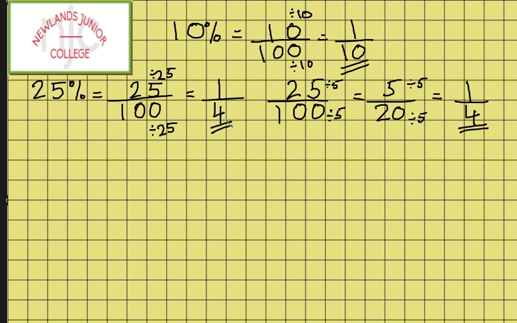All percentages are fractions out of 100, and then you have to simplify the fraction, ideally using the highest common factor. But as we saw in our second example here, if you don't get the highest common factor first time, that's okay. Just keep at it until you get the fraction in its simplest form. Okay, here's our table of standard percentages.